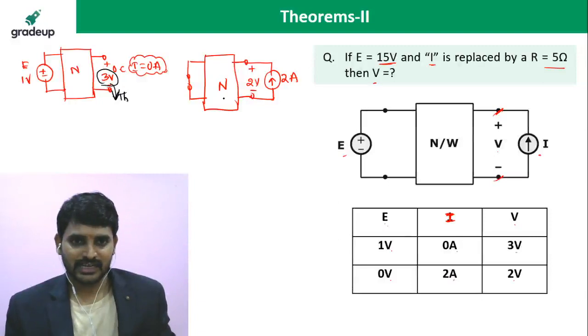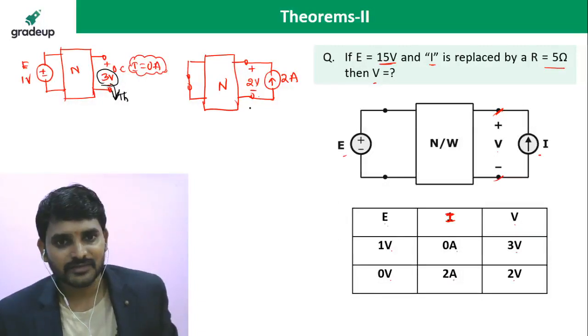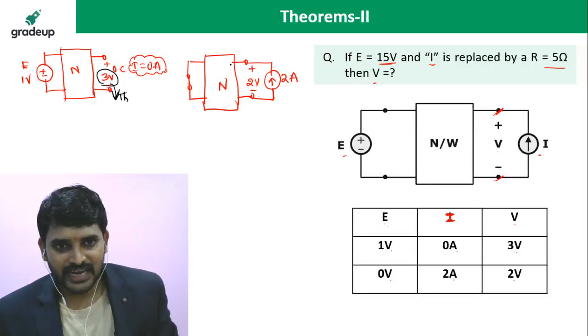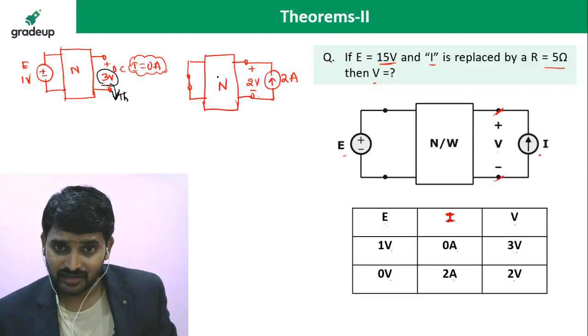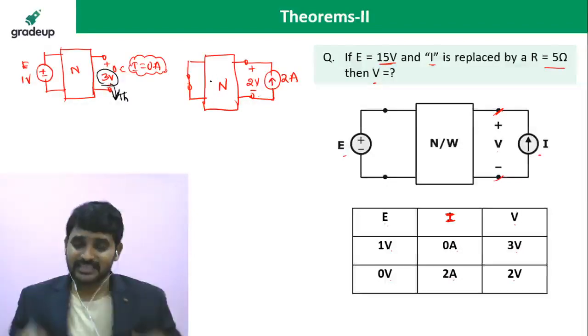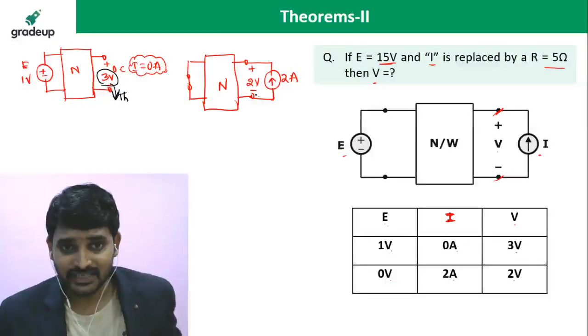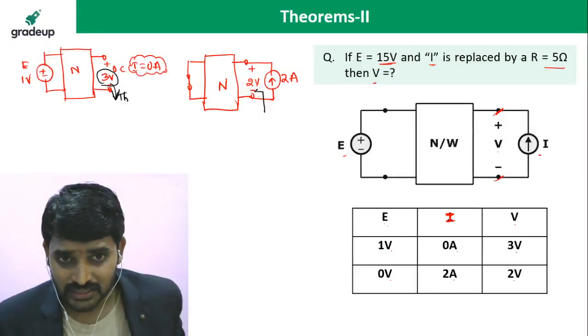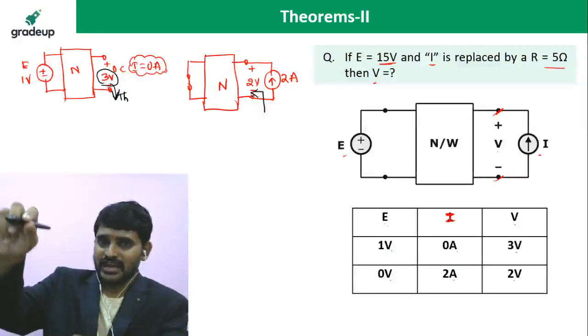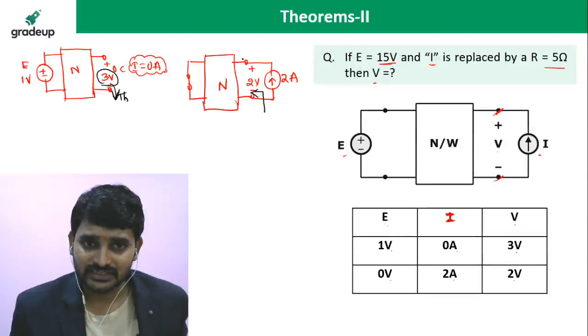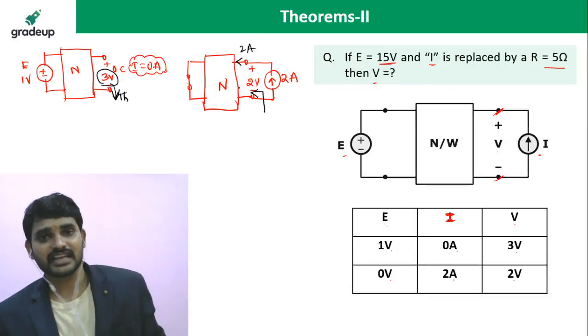Similarly, from the second figure, the voltage source is replaced by a short circuit and the entire network is connected to a known current source. At that time, it is drawing 2 amperes current, and across that network, 2 volts voltage drop is created.